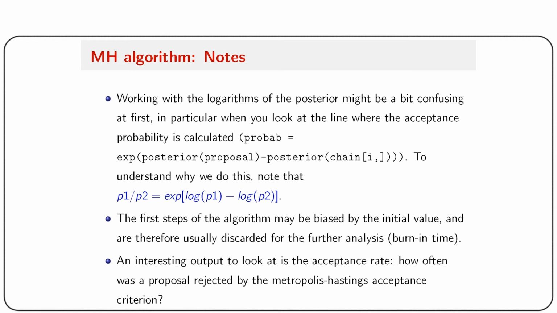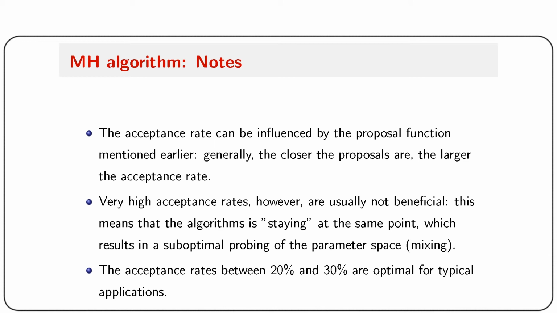An interesting output to look at is the acceptance rate: how often was a proposal rejected by the Metropolis-Hastings acceptance criterion? That can be stored and displayed. The acceptance rate can be influenced by the proposal function mentioned earlier.